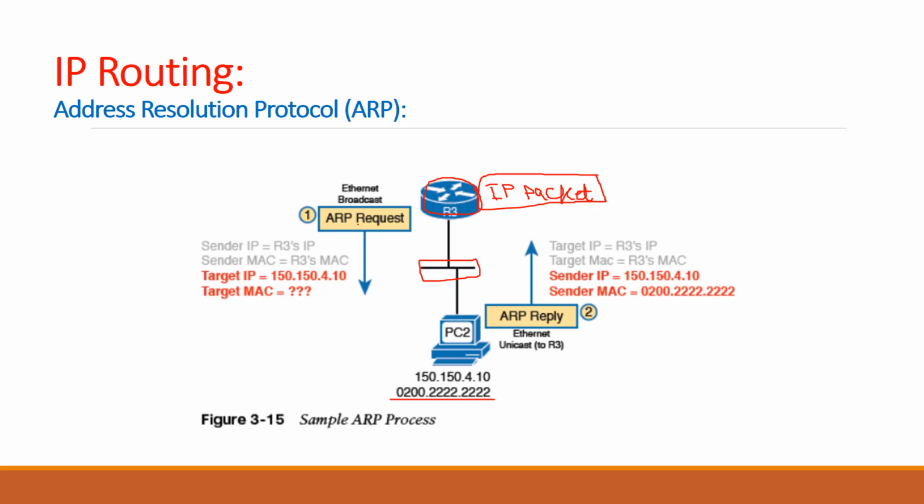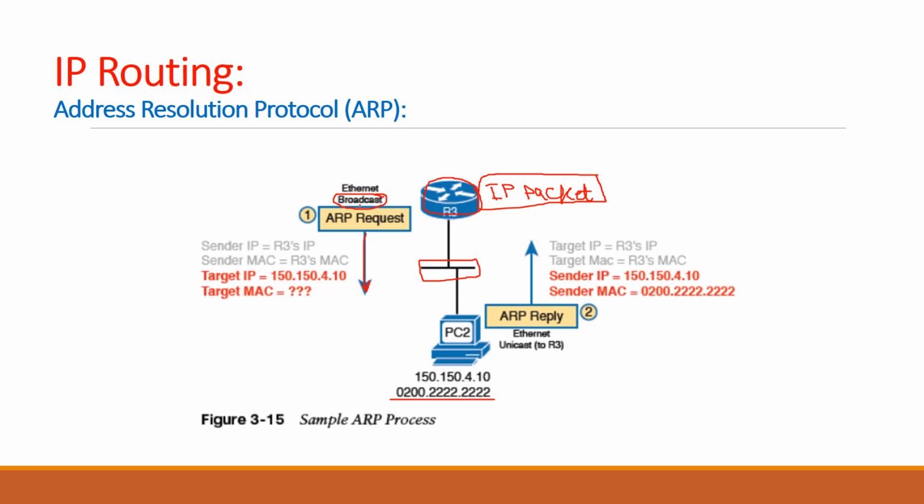So first, R3 will send an ARP request, and this ARP request is broadcast. And we will mention why. We mentioned earlier in the second video, chapter 2, what is the difference between broadcast and unicast. Broadcast is something sent to all hosts in the same group.